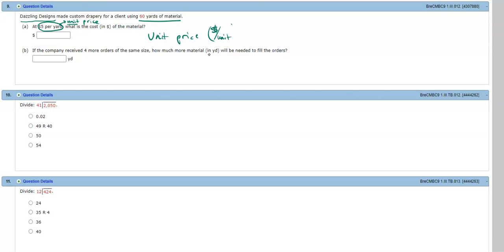So in this case per yard or whatever. If we multiply it times the number of units, then we will get the cost for each one times how many you have. We should get the cost for all of them. We will get the total cost.